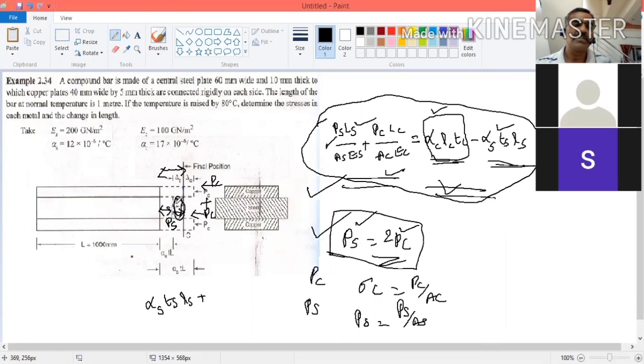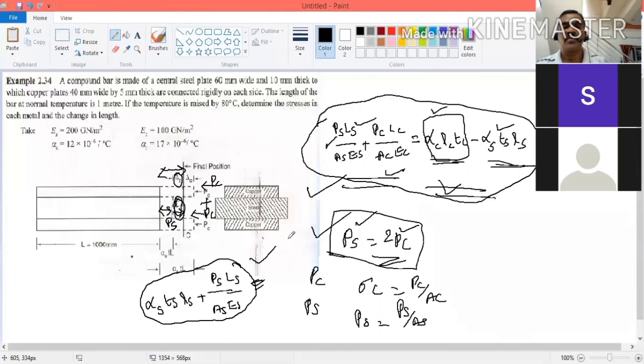This expansion is delta, this value. This can be calculated by Ps Ls by Es As. So this will give the expansion of the steel. The expansion of the steel and the expansion of the copper are both the same. You can calculate. So this is the way you have to solve this problem.